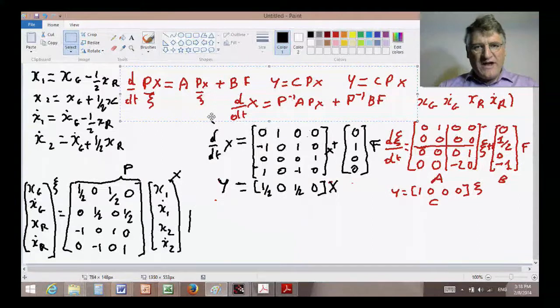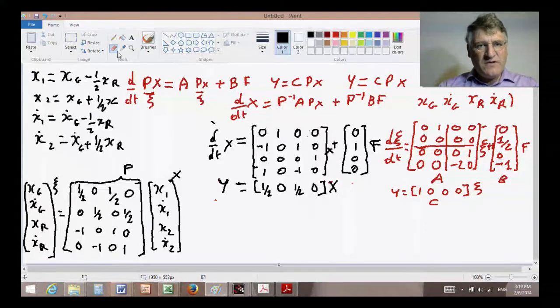I am going to write these relations in matrix form by writing that x1 dot, x2 dot are functions of xg and xr.